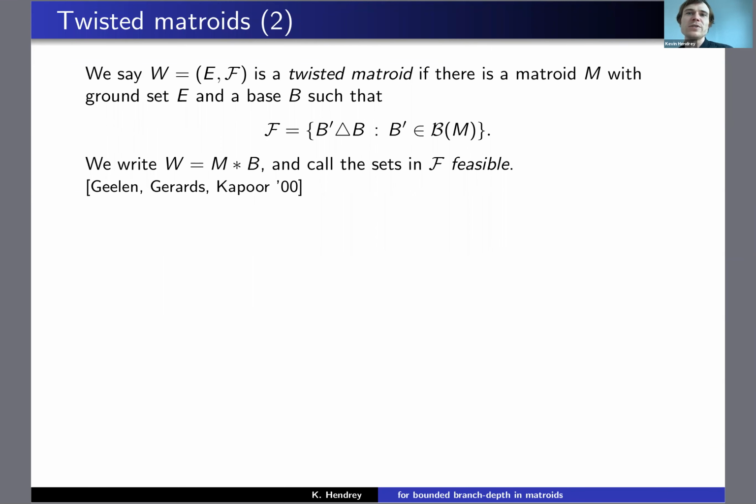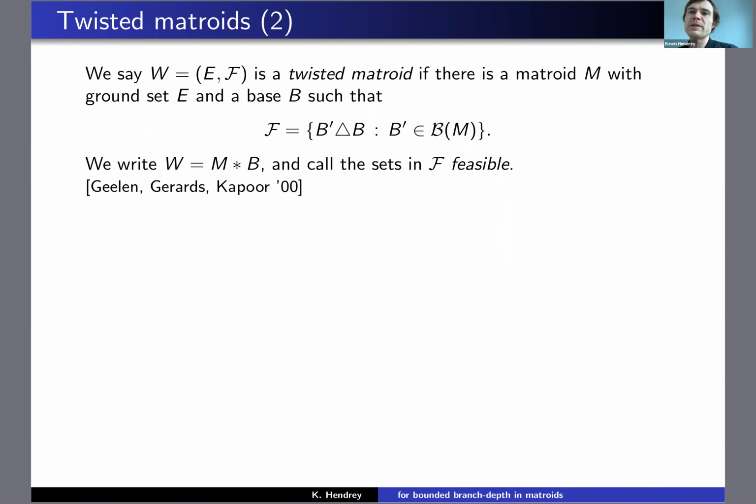This sort of tells you all of the ways that you can exchange bases. So if you want to change one base to another base, you can use any of the sets in F to do it. This is what the set F is keeping track of.